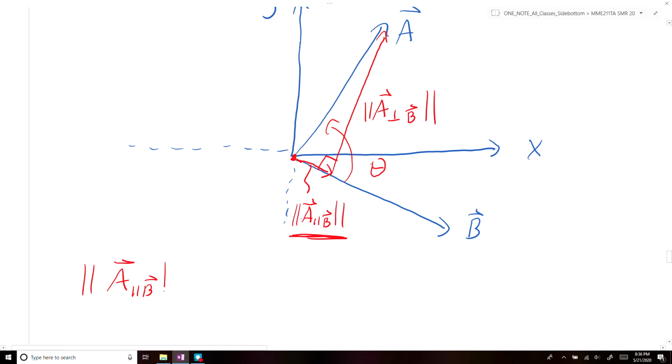The magnitude of the parallel component of A along B is equal to the magnitude of vector A times the cosine of the angle between the two, cosine of theta.